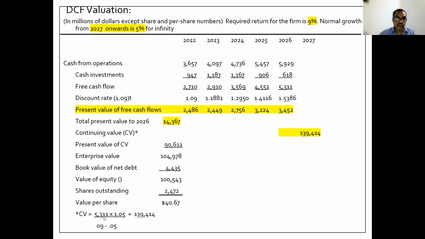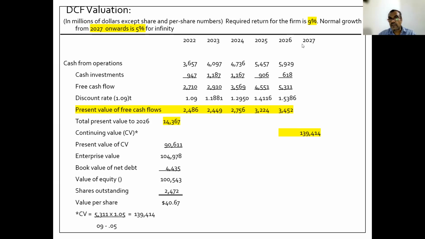Then next year's cash flow, next year means 2027, as we stand at 2026. Then we simply disregard the rest. The present value of that has been separately calculated. The present value for the cash flow starting from 2027 to infinity is done separately.